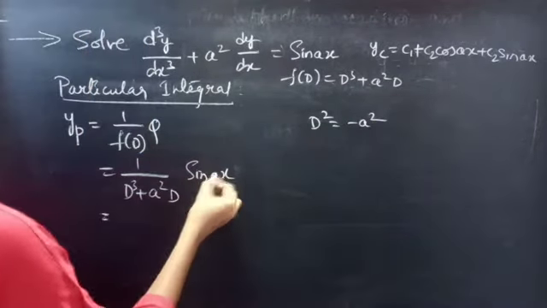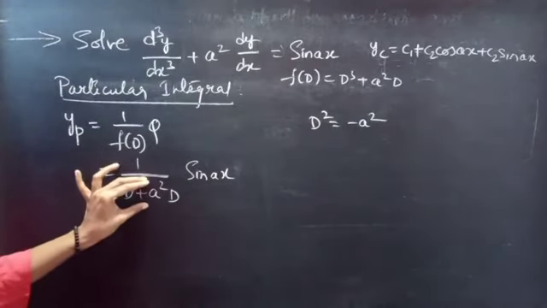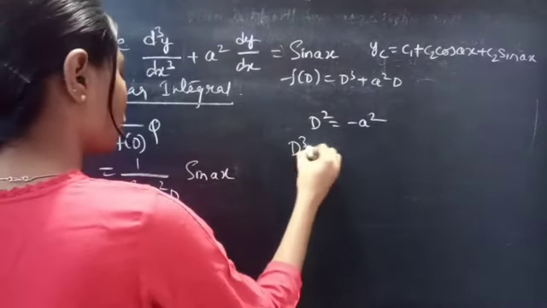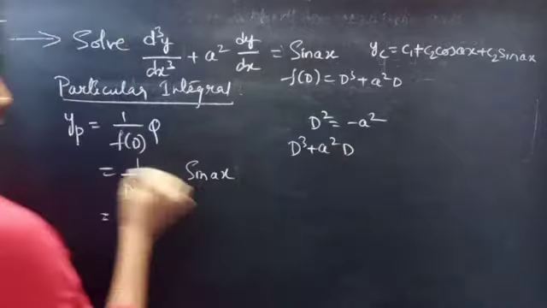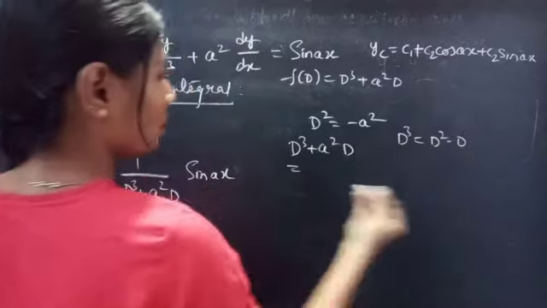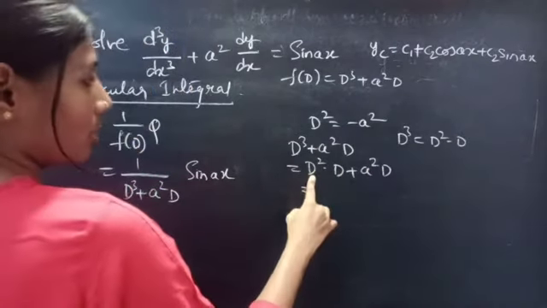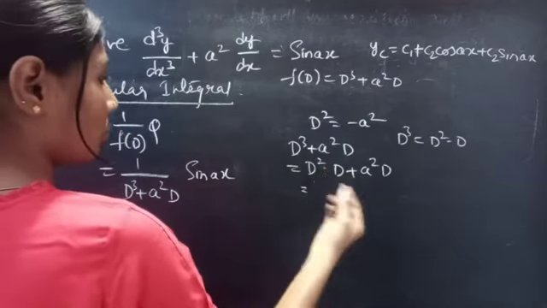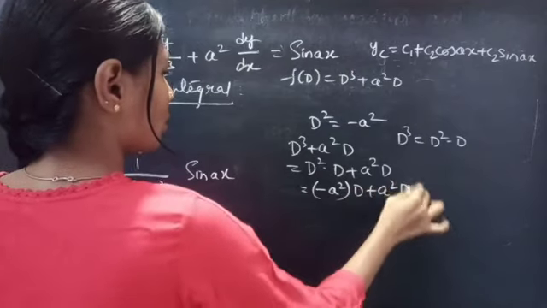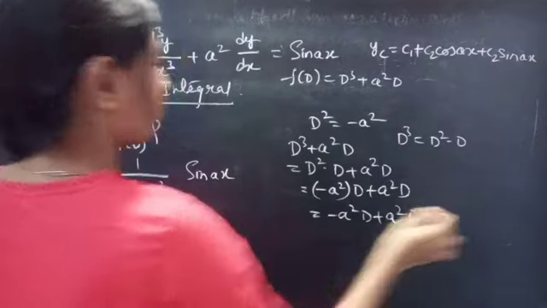Also, we have b equals a, so we need to replace d square by minus a square in the denominator. The denominator must not equal 0. So consider d cube plus a square d, the denominator. We can write d cube as d square into d, then we'll get d square into d plus a square d. D square appears, right? So let's replace d square and see what we'll get: minus a square into d plus a square d, which equals minus a square d plus a square d, which equals 0, right?